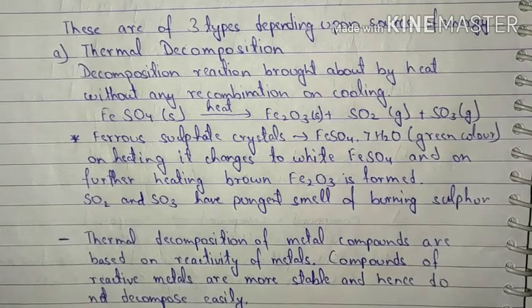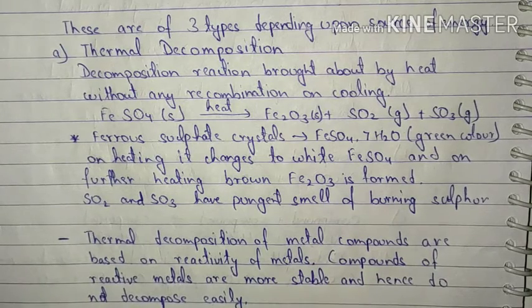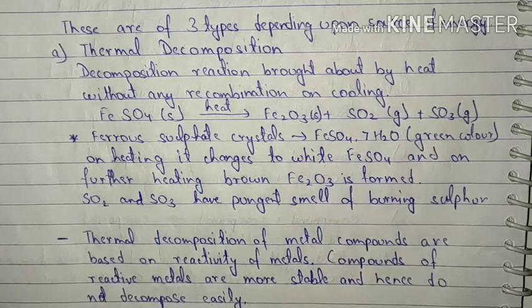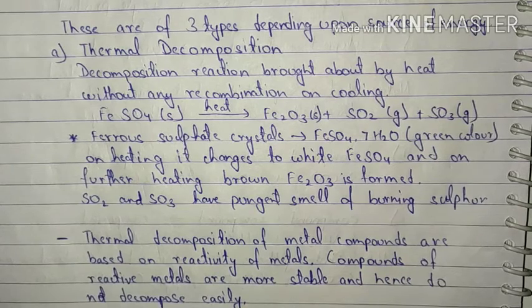That means once this reaction has taken place because of heat, if we reverse the condition, that means if we are cooling it, we will not observe the reaction to be reversed. That is, we will not observe the formation of reactants back.